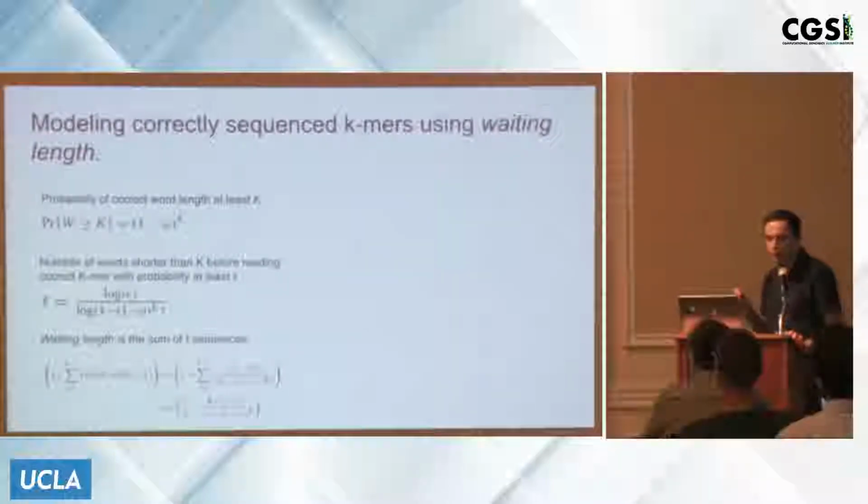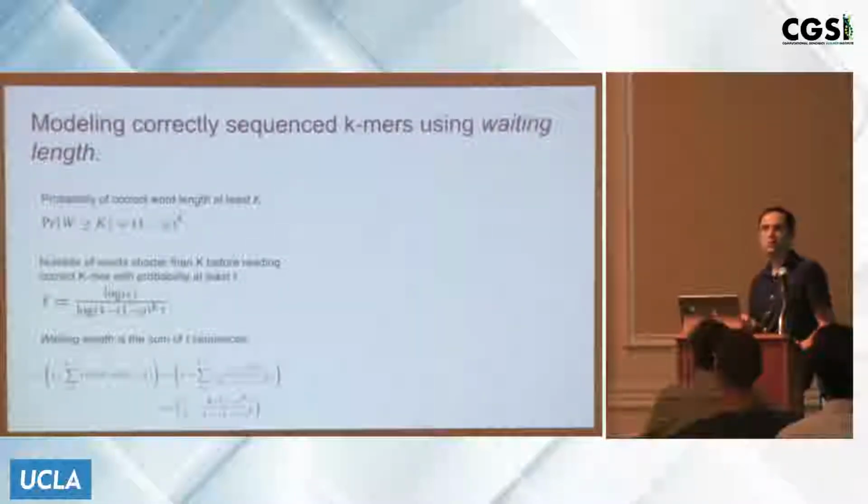Back when we were first looking at this, we wanted to model this process, and we looked at something called the waiting length. This is the number of bases that are sequenced before sequencing a k-mer of a specific length that we're hoping to anchor off of with some probability.